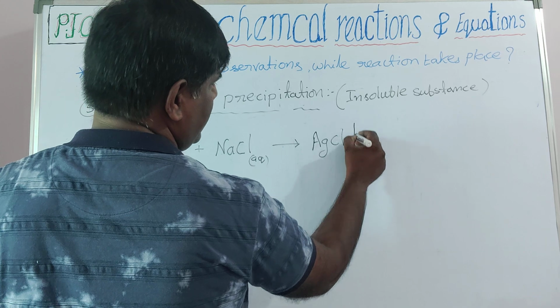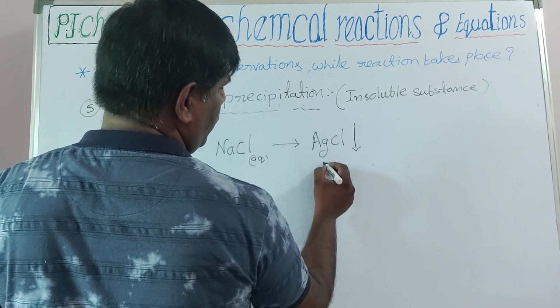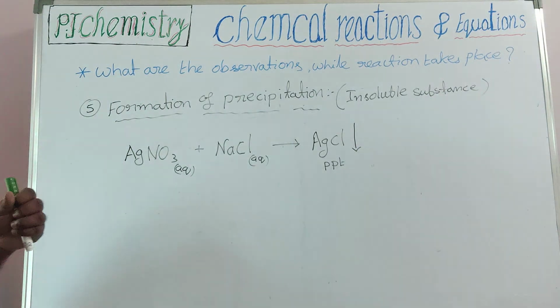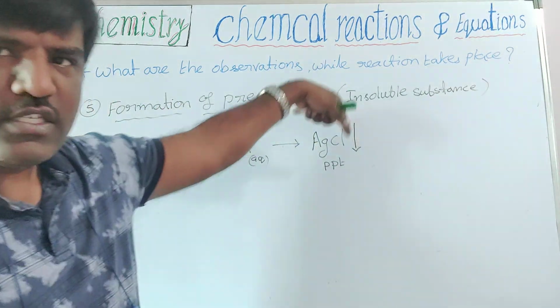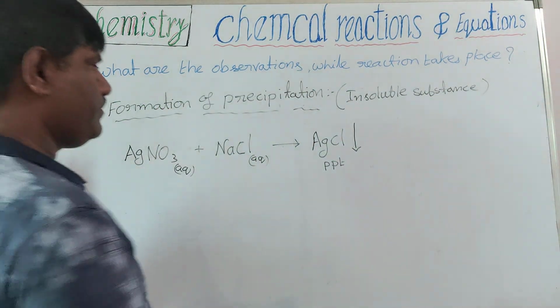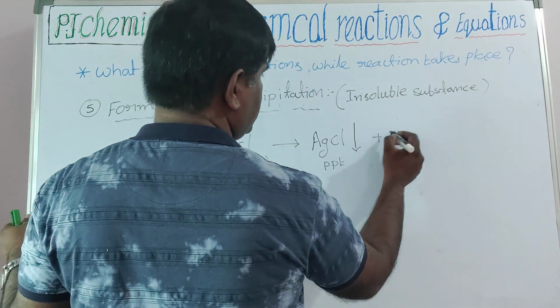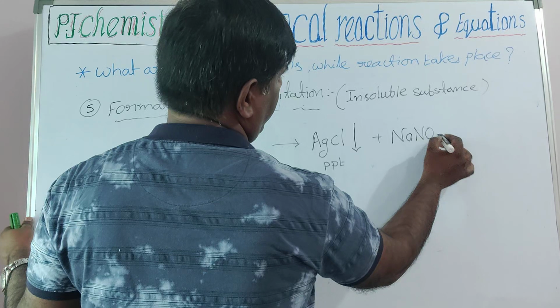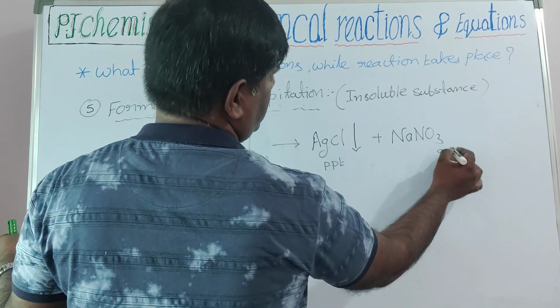Silver chloride is an insoluble substance that settles down, precipitate, PPT means precipitate, or we use a downward arrow symbol, plus the remaining NaNO3 in aqueous.